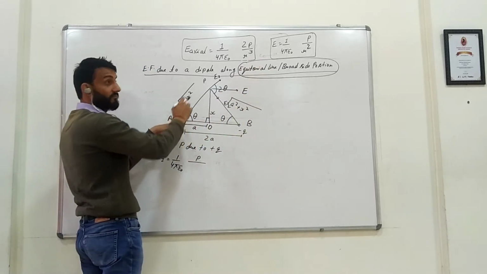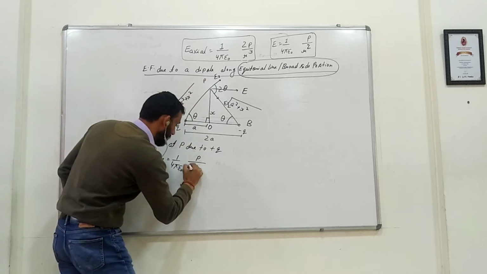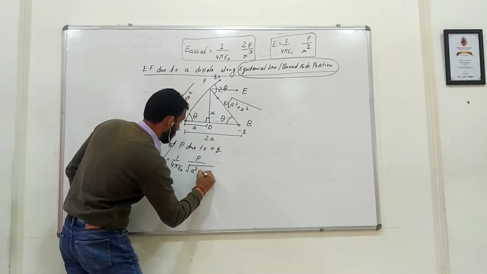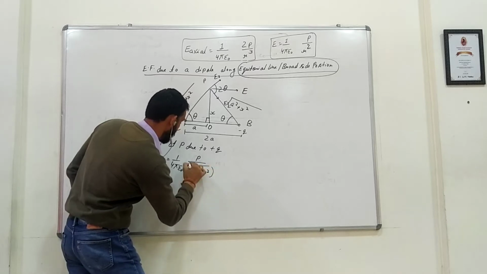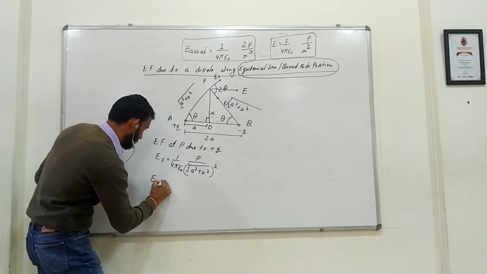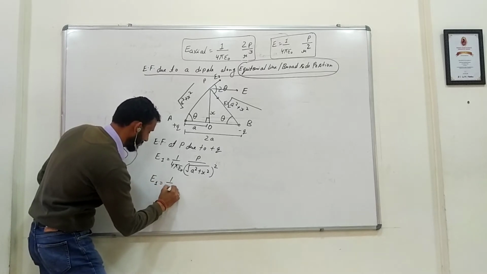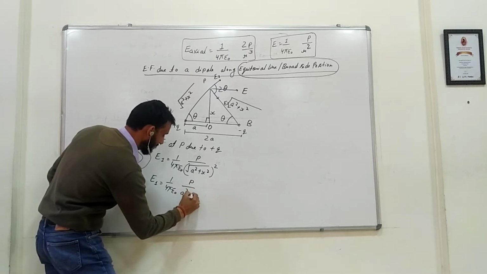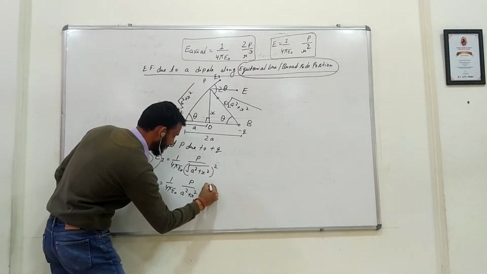What is the distance of P from plus Q? It is under root a square plus x square, and then we have whole square. E1 is equal to 1 upon 4 pi epsilon naught q upon a square plus x square. This is equation number 1.